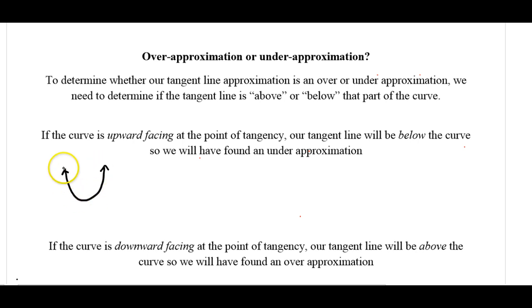And it doesn't need to be the whole bowl to be considered upward facing. If I just had sort of half the bowl here, that would be considered upward facing, as would the other half of the bowl. And the idea is that if I'm upward facing, any tangent line that I draw at any point of tangency, so if I pick any point on these upward facing curves, the tangent line that I draw would always be below the curve.